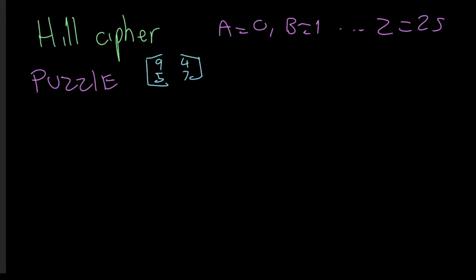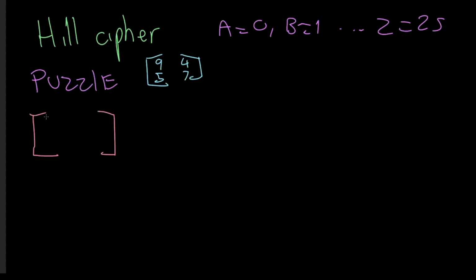Now first off, we need to look at puzzle and give puzzle its numbers from what we assumed. From what I see, this will be a 2x3 matrix, so we need to put that into a matrix.